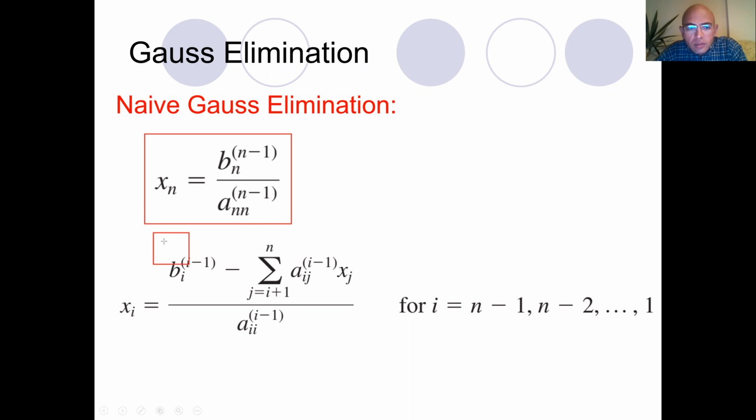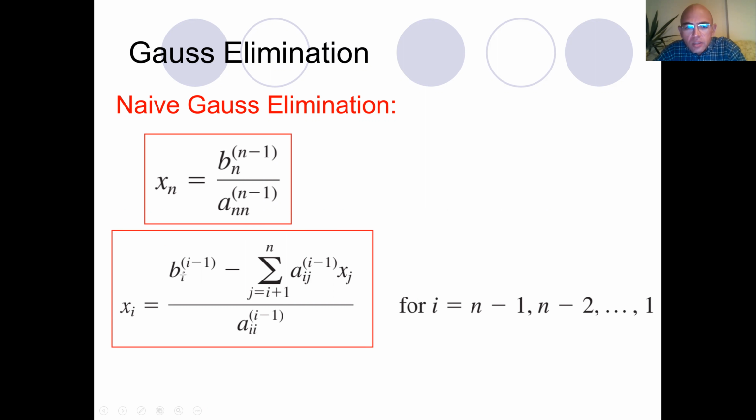The right hand side, or any value inside the domain, any others. So it's bi minus the sum of the coefficients multiplied with the previous terms. Here j is the index, and it goes from i plus 1 to n.